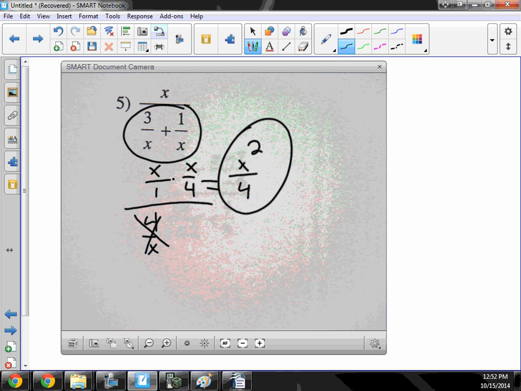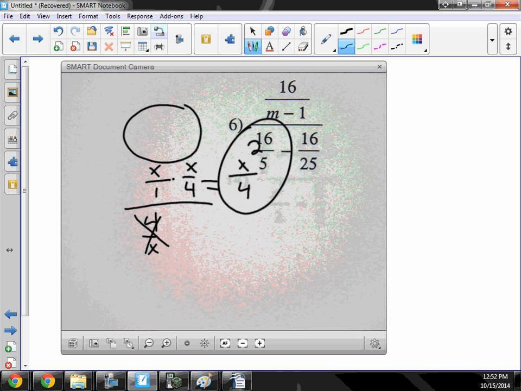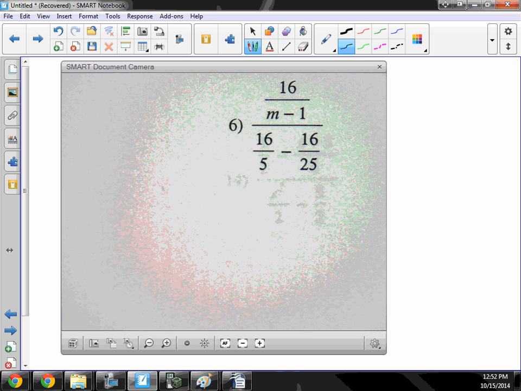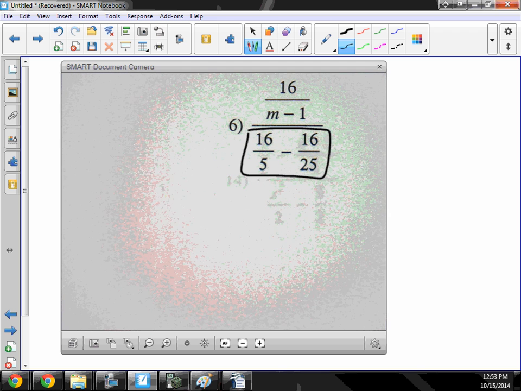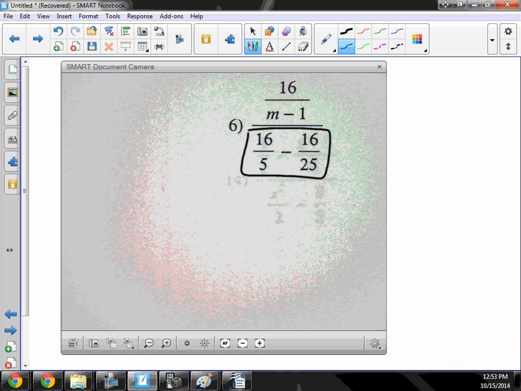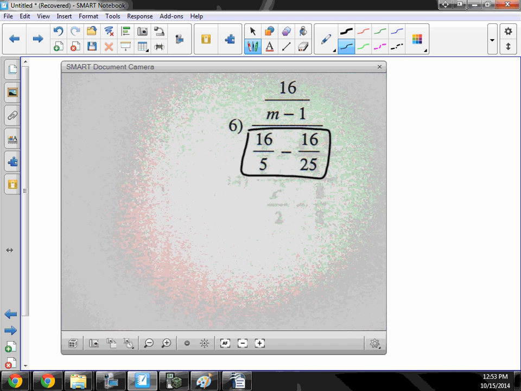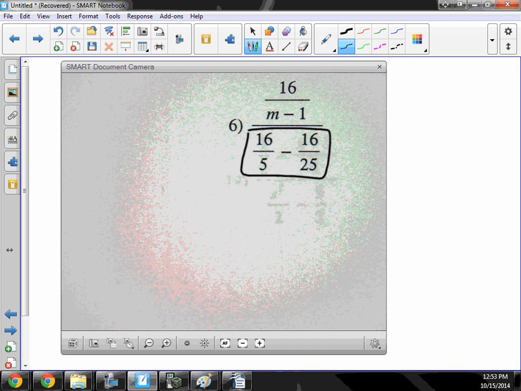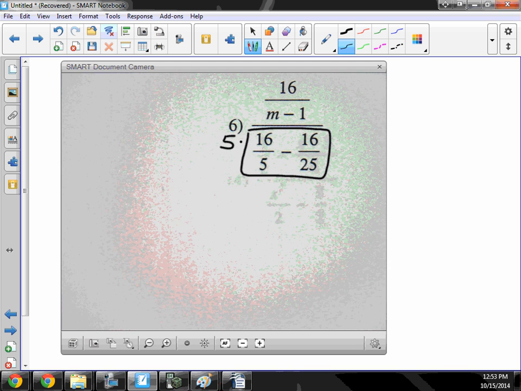If you look at number 6, what is my common denominator? Everybody agreed that the common denominator is 25. So what does the left fraction need? A 5. What does the right fraction need? Nothing.